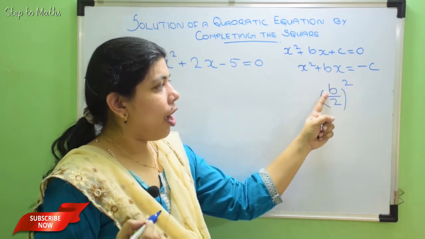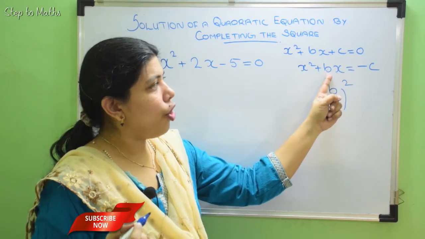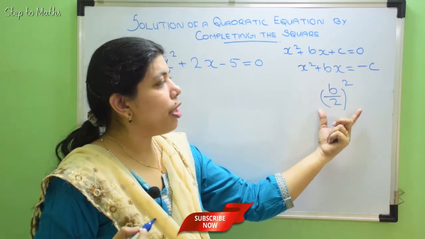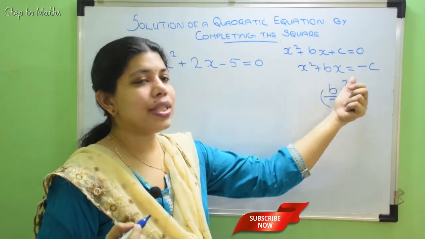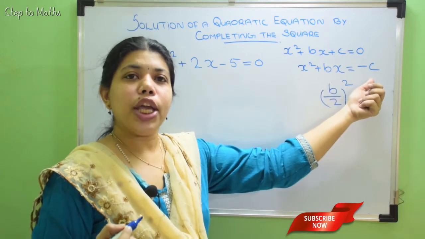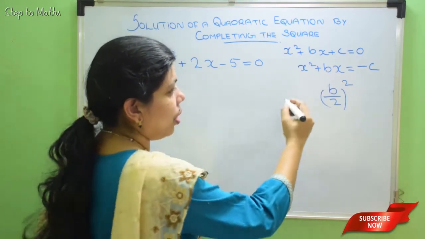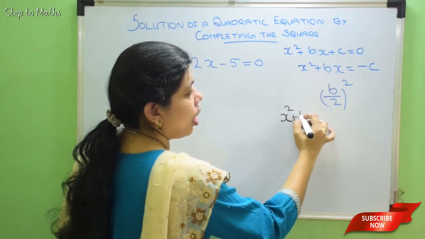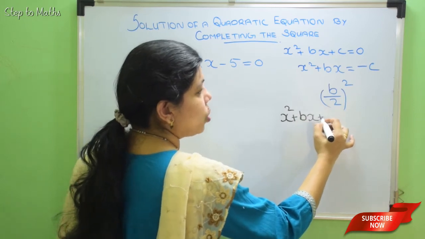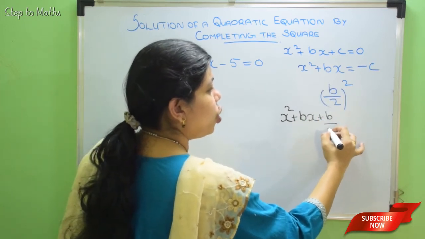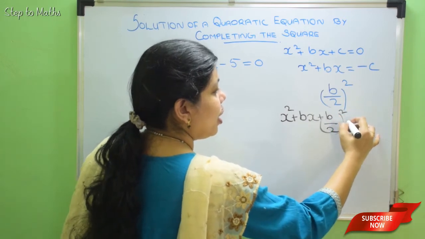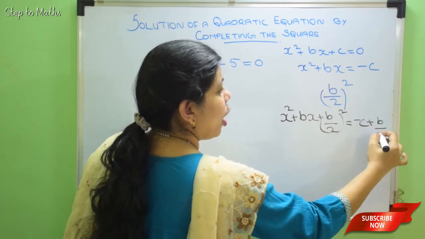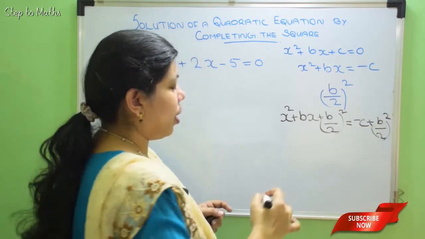This b by 2 square is added on both sides of the equation, so its value is not changed. That is, the equation becomes x square plus bx plus b by 2 square is equal to, on the right side, minus c plus b by 2 square.